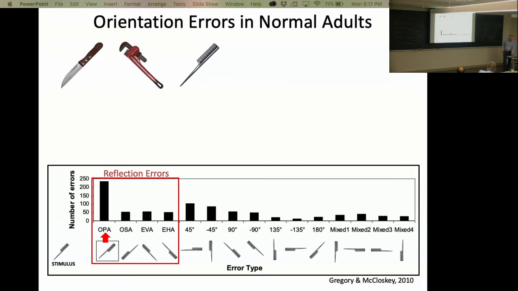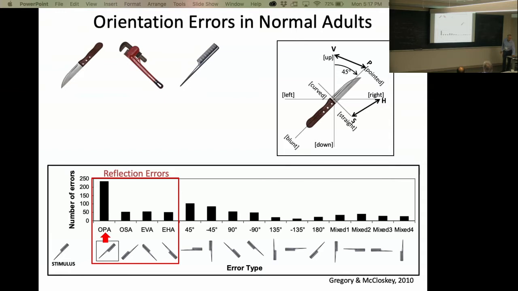All right, so just to remind you, we are assuming that these object principal axis reflections are occurring when there's a problem remembering the relationship between the secondary axis of the object, the axis in this case going here, and some extrinsic axis. And for these types of objects, I think it makes sense that this might be a little difficult to remember.